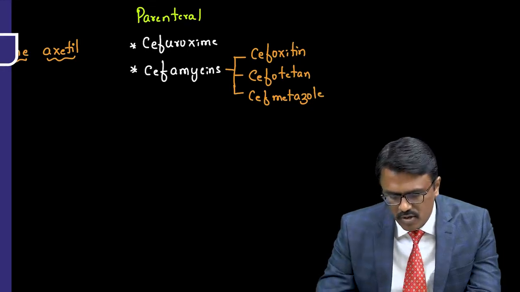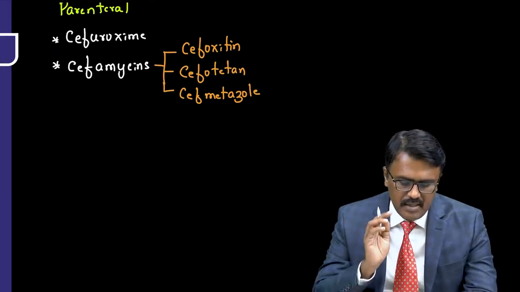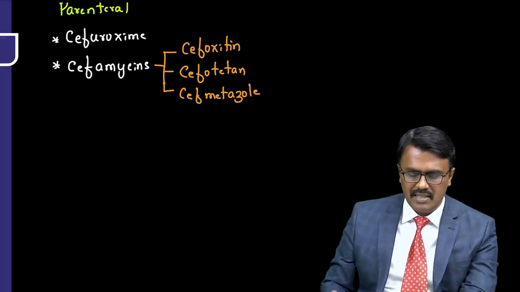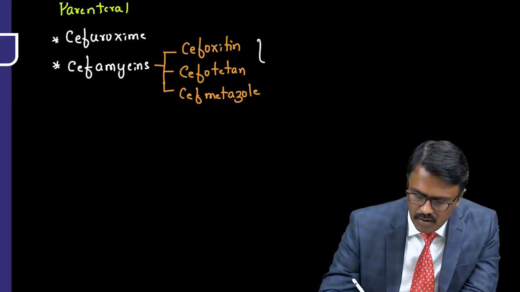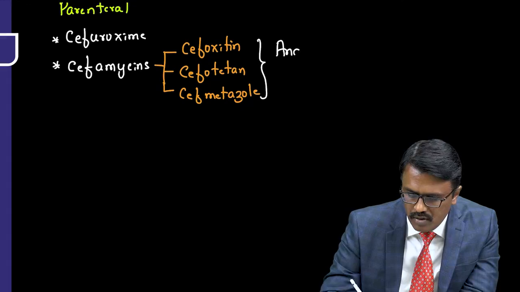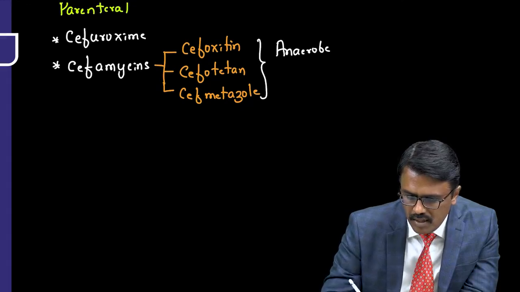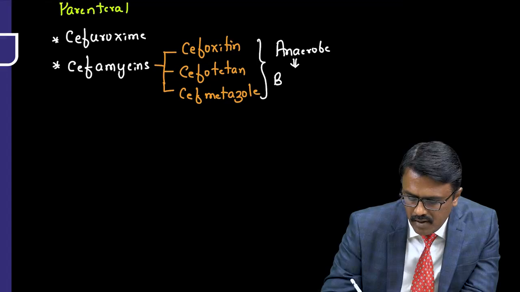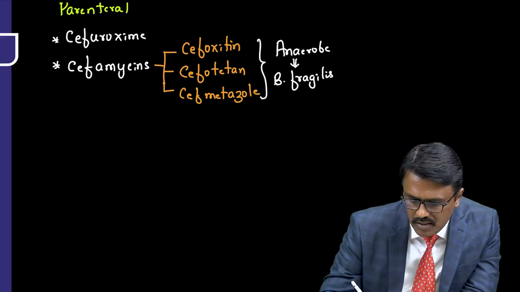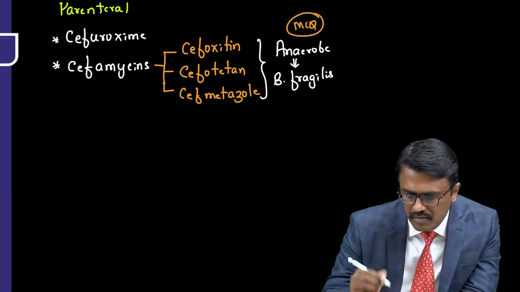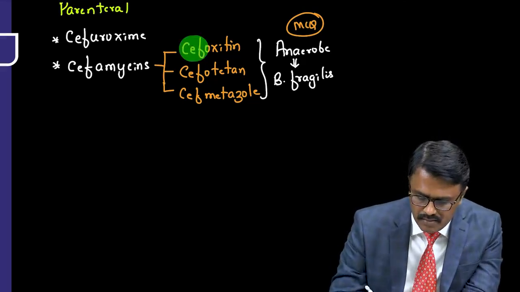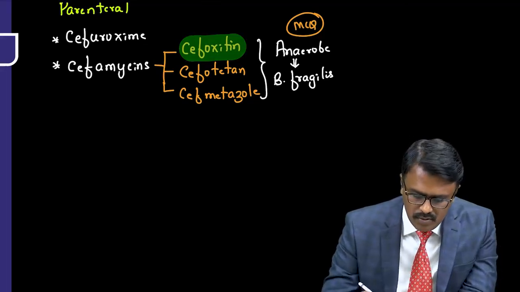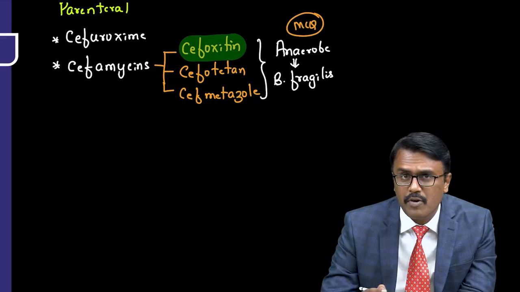What is the importance of knowing cephamycins? Cefoxitin, cefotetan, and cefmetazole are effective on an anaerobe. Which anaerobe? Bacteroides fragilis. This is a repeatedly asked question in the exam: which cephalosporins are effective on this? Cefoxitin is repeatedly asked. So you can remember the drug cefoxitin.